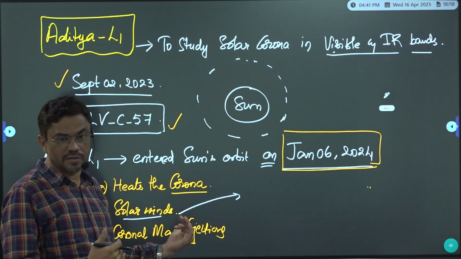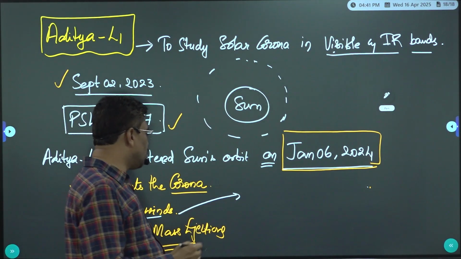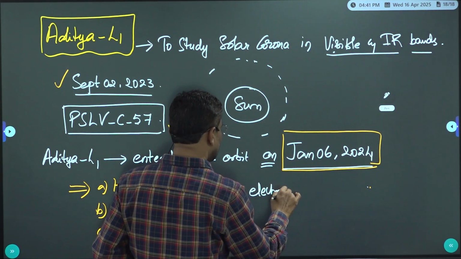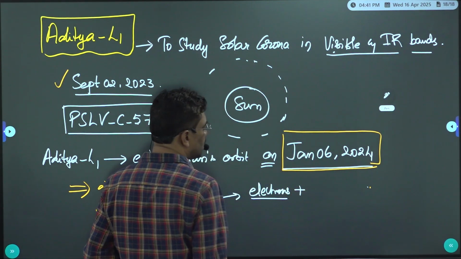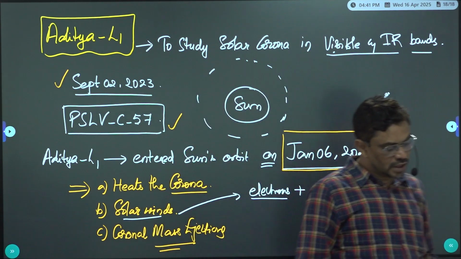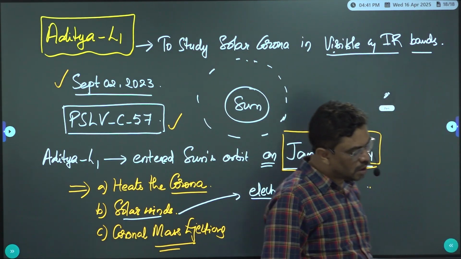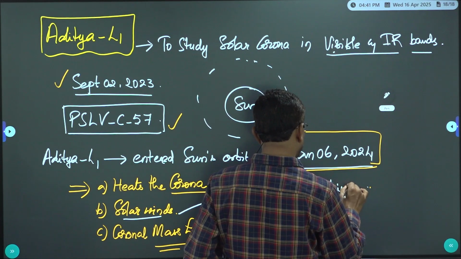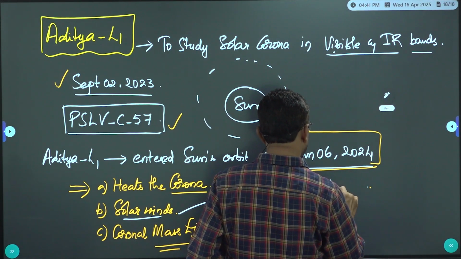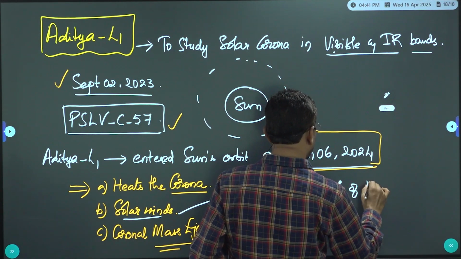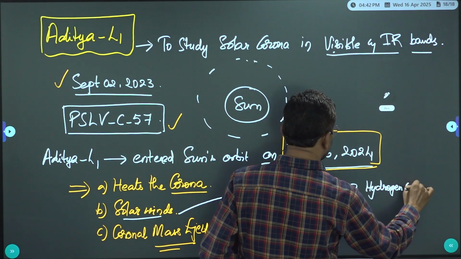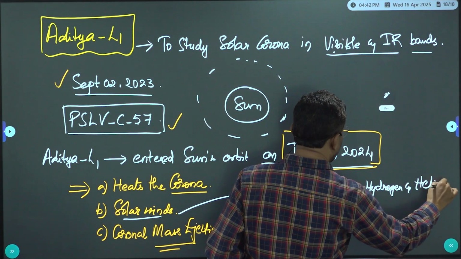Okay. And these solar winds are composed of electrons and nuclei of hydrogen and helium atoms.